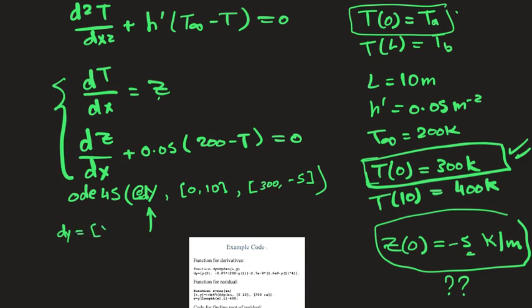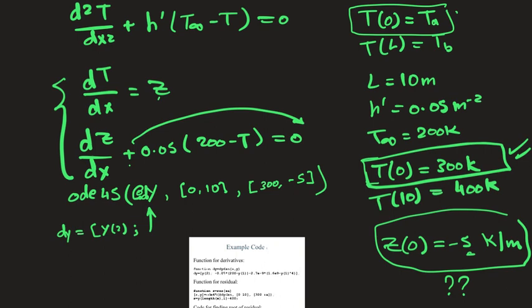Let's call the dependent variables y, so y1 and y2. Whatever is on the left is the derivative, and whatever is written inside is the right-hand side. So you should take everything to the other side. It becomes dz over dx equals minus 0.05 multiplied by 200 minus T.